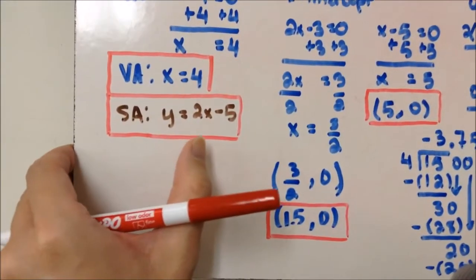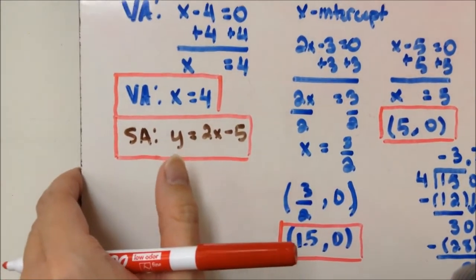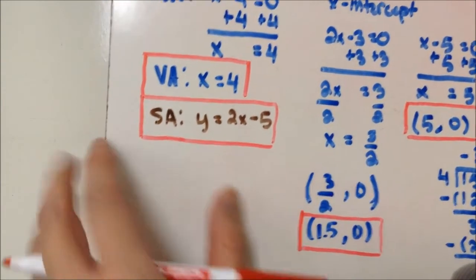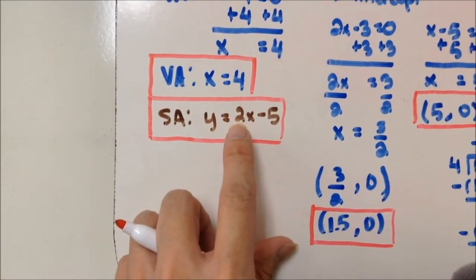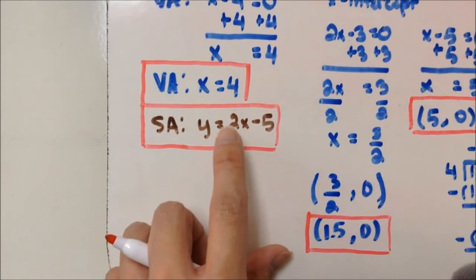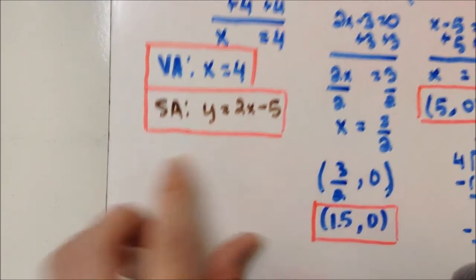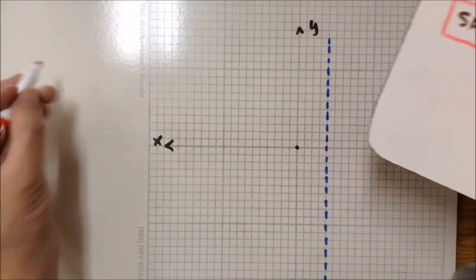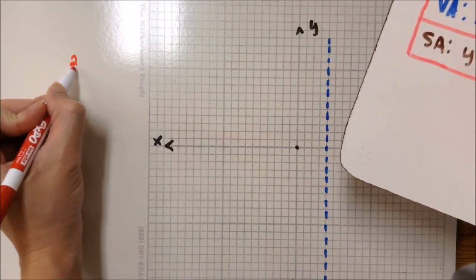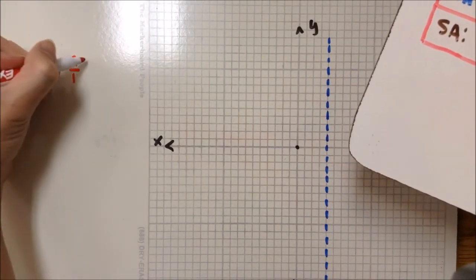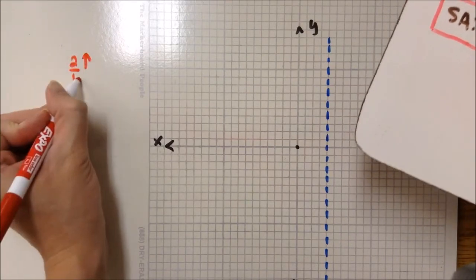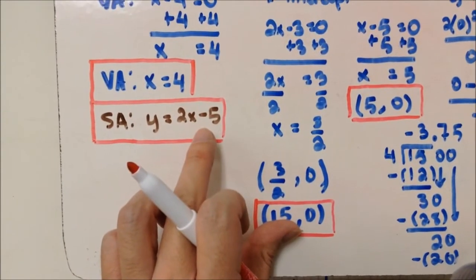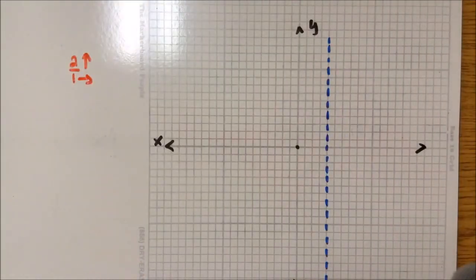Again, slant asymptote is just like the line that y'all been graphing in Algebra 1, Geometry, and Algebra 2. So here's our slope 2x. Now again, slope is just a number, so if we change that to a fraction, it'd be 2 over 1. So right here, 2 over 1, since it's positive, I'm going to go up 2 and then right 1. And then here is our y-intercept, minus 5.